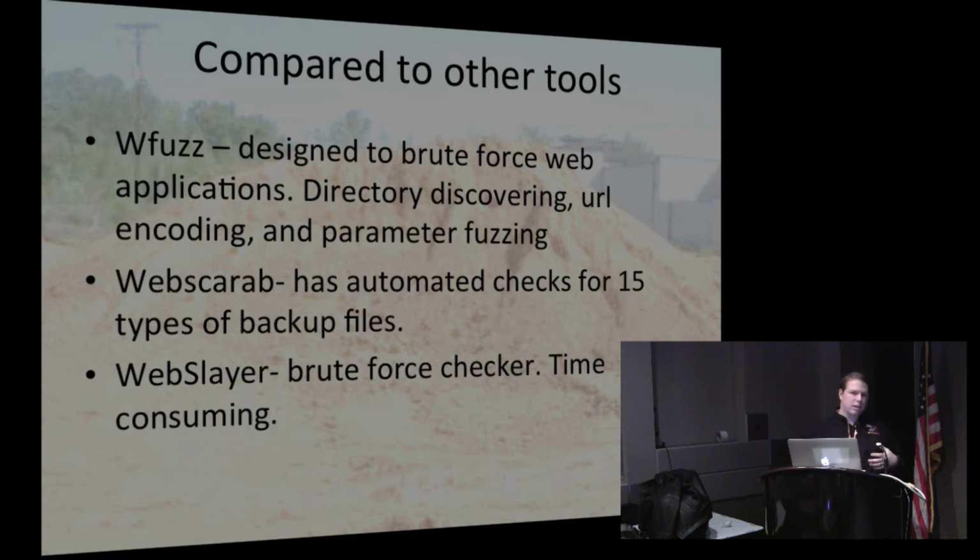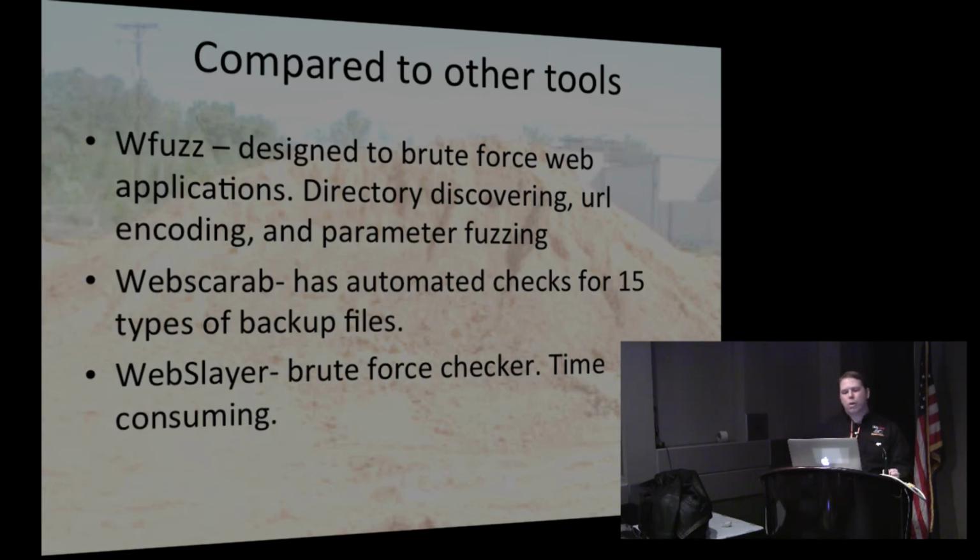So you're trying .a, .b, .c, .d, .e, and not using common extensions to find files that are known to be backup files. You're hitting the web server way more than you have to.